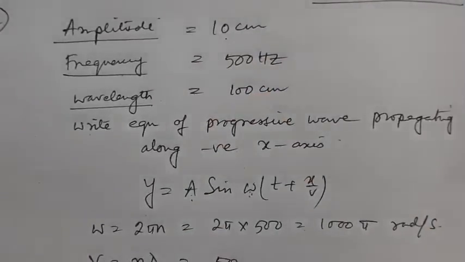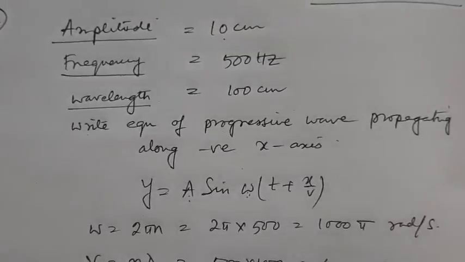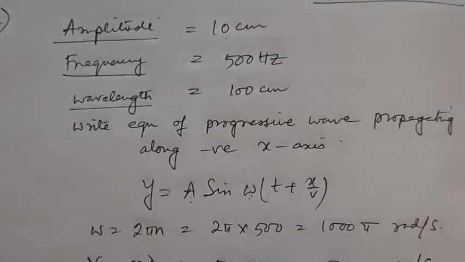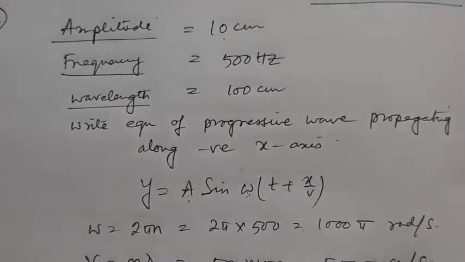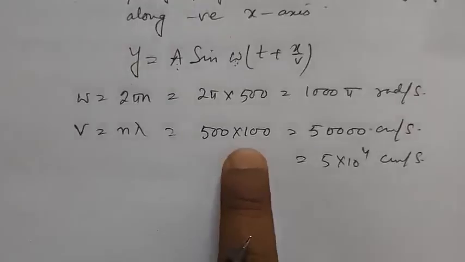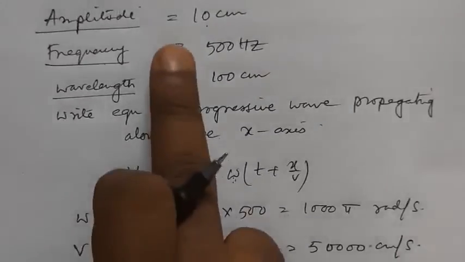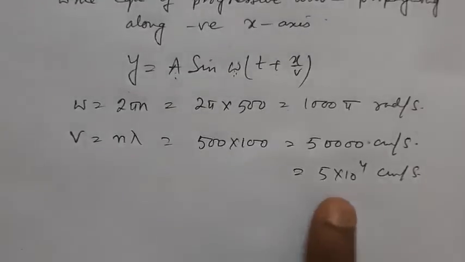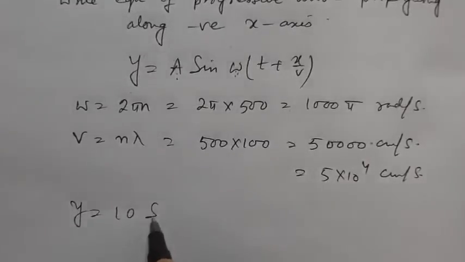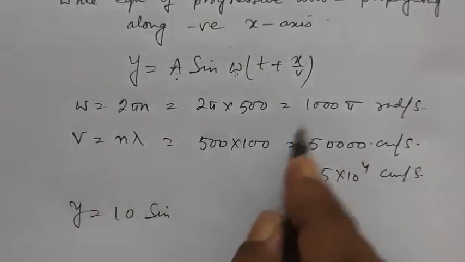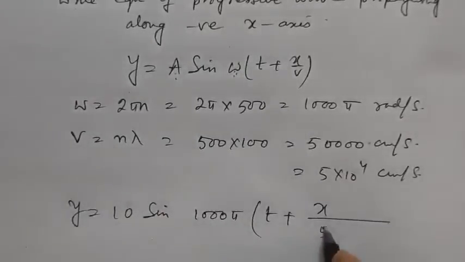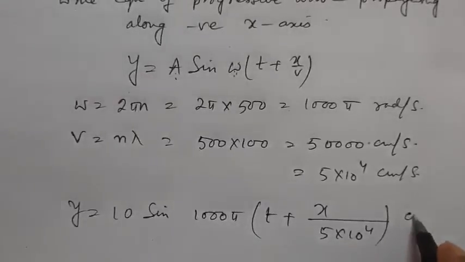So 500 into 100 is 50000 centimeters per second, or we can write 5 into 10 to the power 4 centimeters per second, because the values of frequency and wavelength are 500 and 100 respectively. So you can write the equation in the form y is equal to 10 sine of, what was omega? Omega was 1000 pi, into (t plus x by v), v being 5 into 10 to the power 4 centimeters per second.